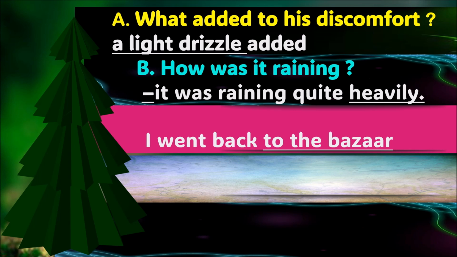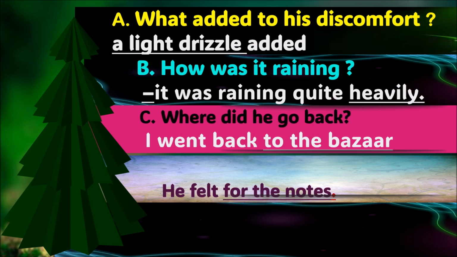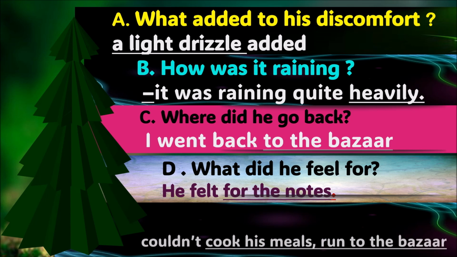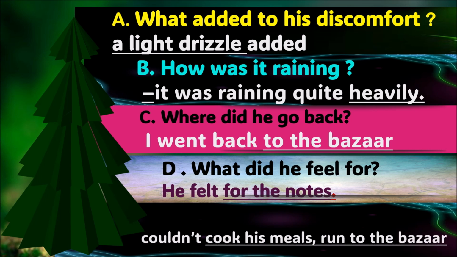So where did he go back? He felt for the notes. What did he feel for? The next one would be couldn't cook his meals or run to the bazaar. See here, couldn't is there, so you can say, what couldn't he do?